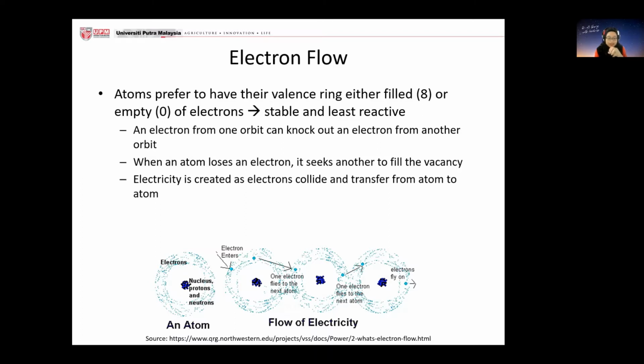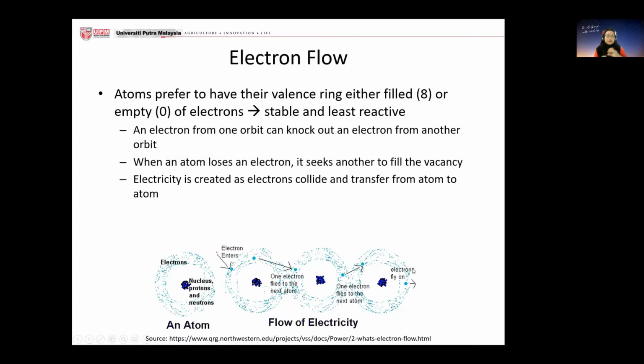Imagine this is your wire and your atoms are structured in such a way that an electron moves, transferring from this atom to the next. It displaces another electron here, and that goes to the next one, and the next one, and the next one.